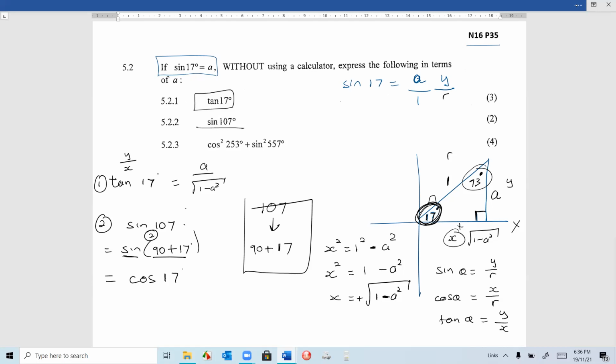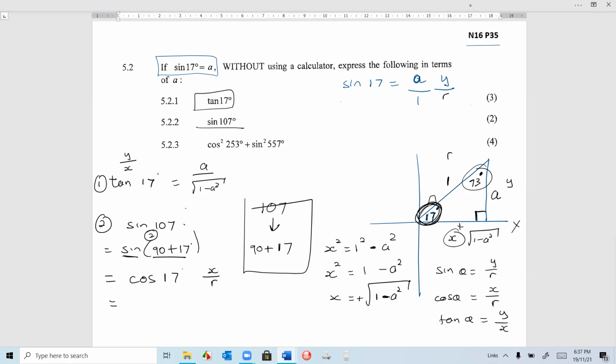And remember, cos is x over r. From your diagram, you can see that the x value is the square root of 1 minus a squared, and the r value is 1. We can rewrite that as the square root of 1 minus a squared. We don't have to say over 1 because any number divided by 1 is the same thing.